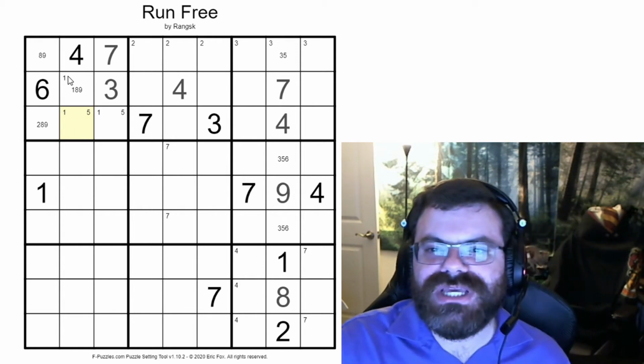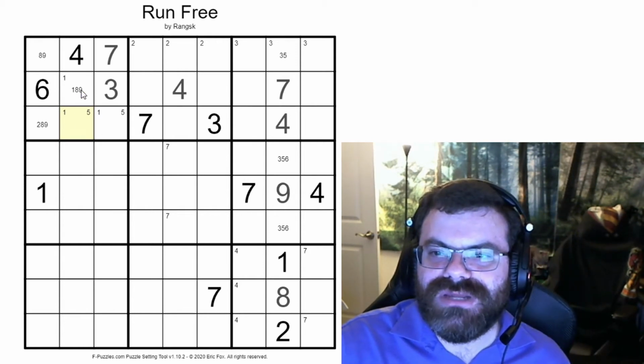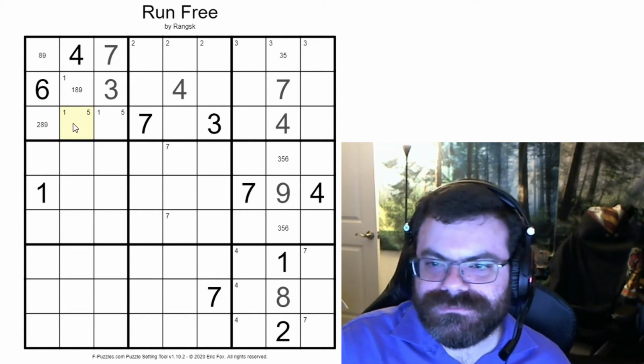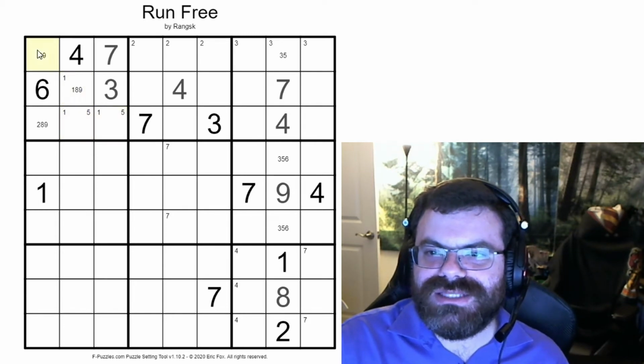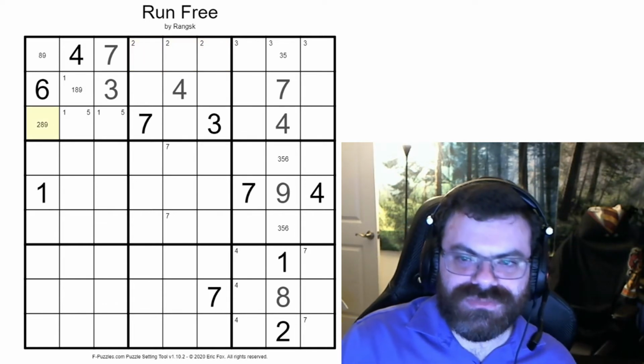In this case, because it's a 1, it just can't be a 2. But say if these were all 2s, this square could not be a 1 or a 3. So we're going to use that rule and say this can't be 2, and we know these 2 can't be 2 because of the 3, and this can't be 2 because of my corner marks here. So this is the only square in the box that a 2 can be.